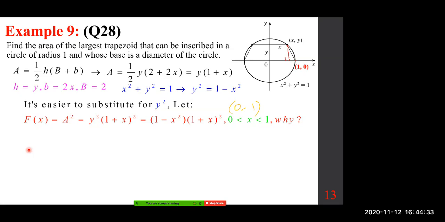We are going to differentiate. So to differentiate, we can use the product rule. 1 minus x squared gives you negative 2x times the second parenthesis. And the second parenthesis gives us 2 times 1 plus x to the power of 1 times 1 minus x squared.